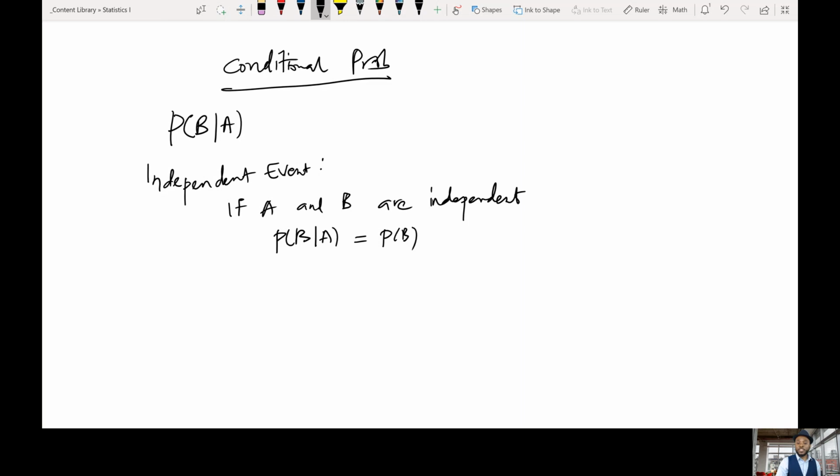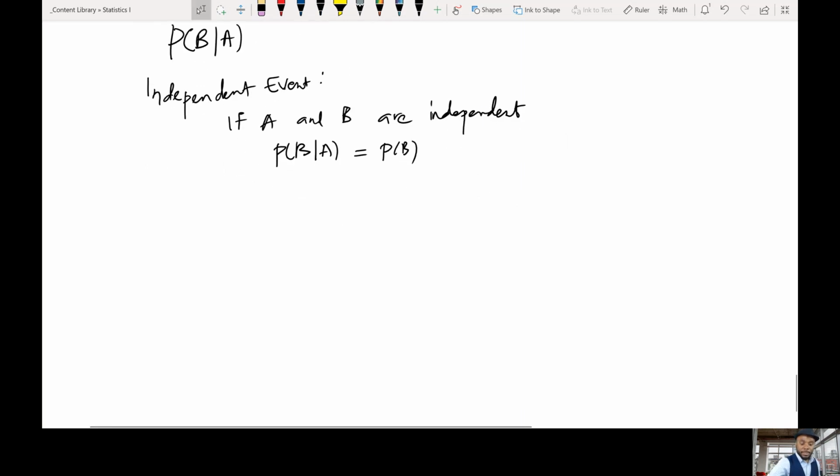Okay, so B is not influenced by A. So A and B are independent. An example would be when you roll a die.